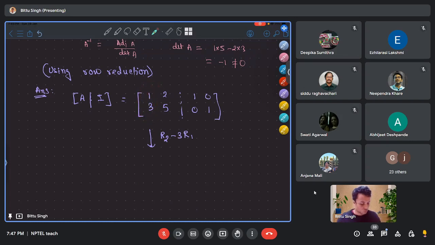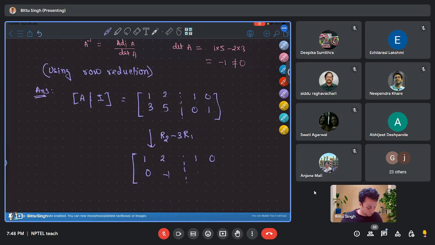Okay, so we perform this R2 minus 3 R1. So this will give 1, 2, 1, 0, then 3 minus 3, that is 0, 5 minus 6, that is minus 1, and after that it will be minus 3, 1.